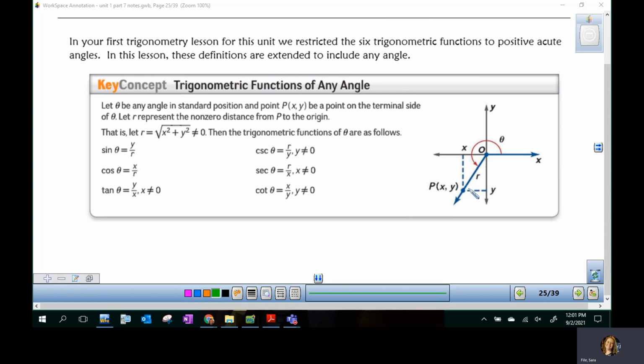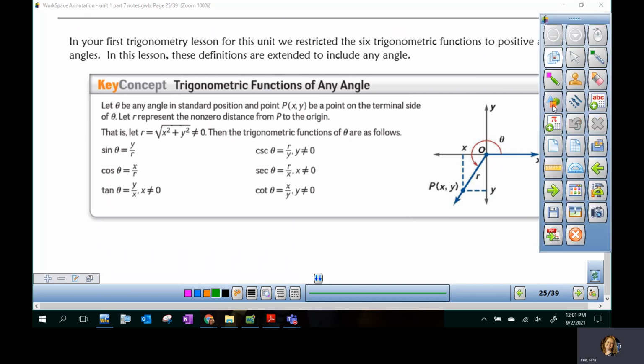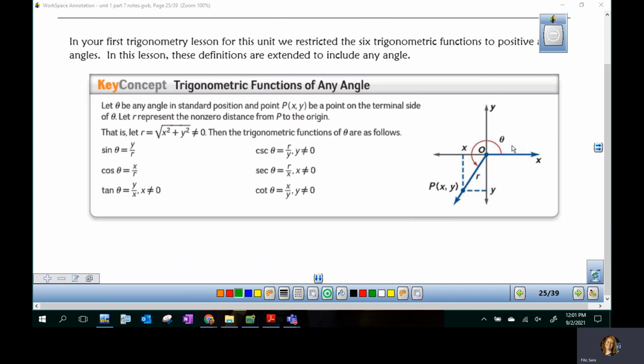We can use those coordinates and the length here of r. Okay, r is standing for radius, so it may help make more sense if you see it with the radius of a circle. So say that there's a circle centered at the origin, and that point P is on the circle, and then that radius, that length, as well as the x, y coordinates, we can use those 3 pieces to give our trig ratios.